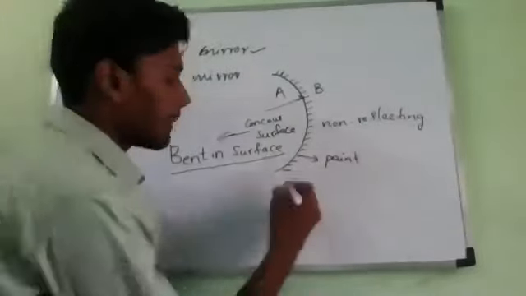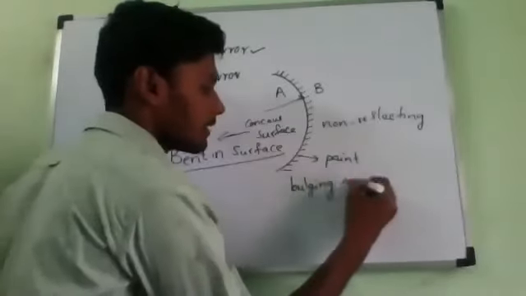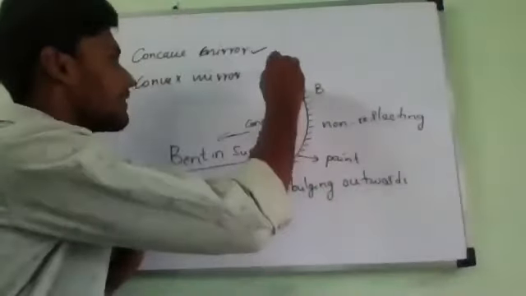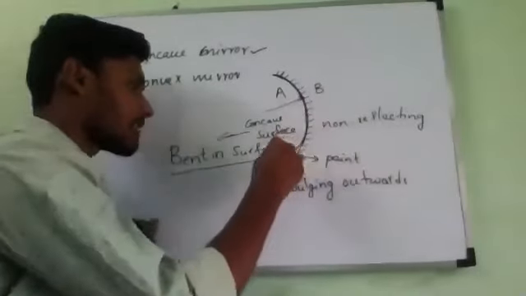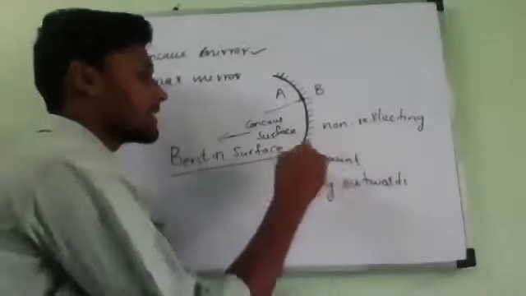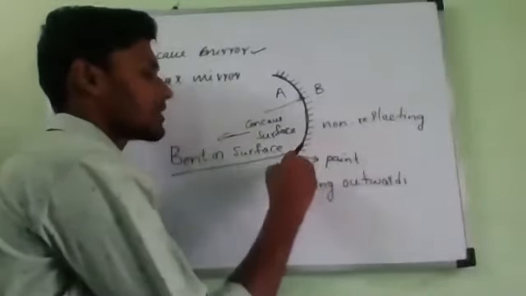This is bulging outward. So in a concave mirror, the inside bent-in surface is the polished surface, and the bulging-out surface is the non-reflecting or unpolished surface.